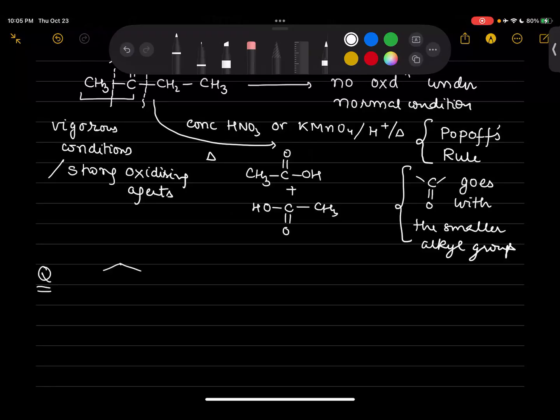But if it is a symmetrical ketone or cyclic ketone, then you don't have to bother much. Suppose, how is this going to break?